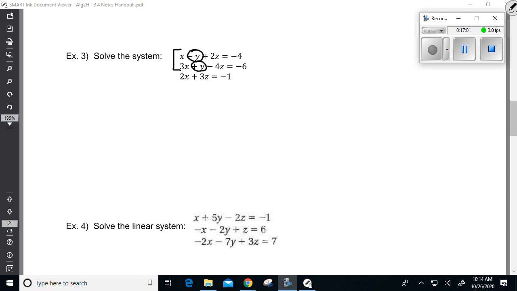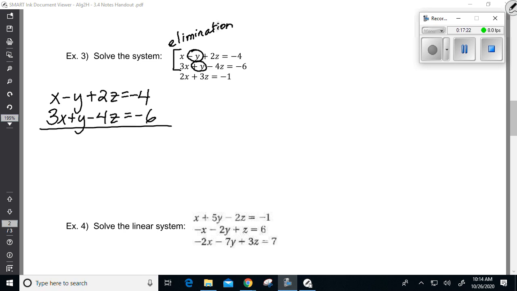So we're about to do some elimination right off the bat. x minus y plus 2z equals negative 4, and 3x plus y minus 4z equals negative 6. So those are opposites, they drop. 4x minus 2z equals negative 10.